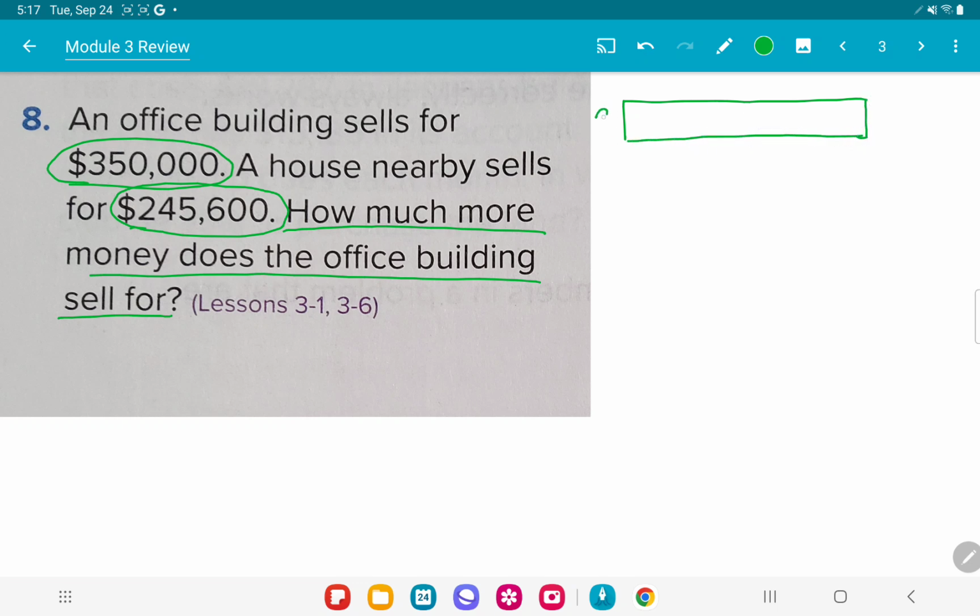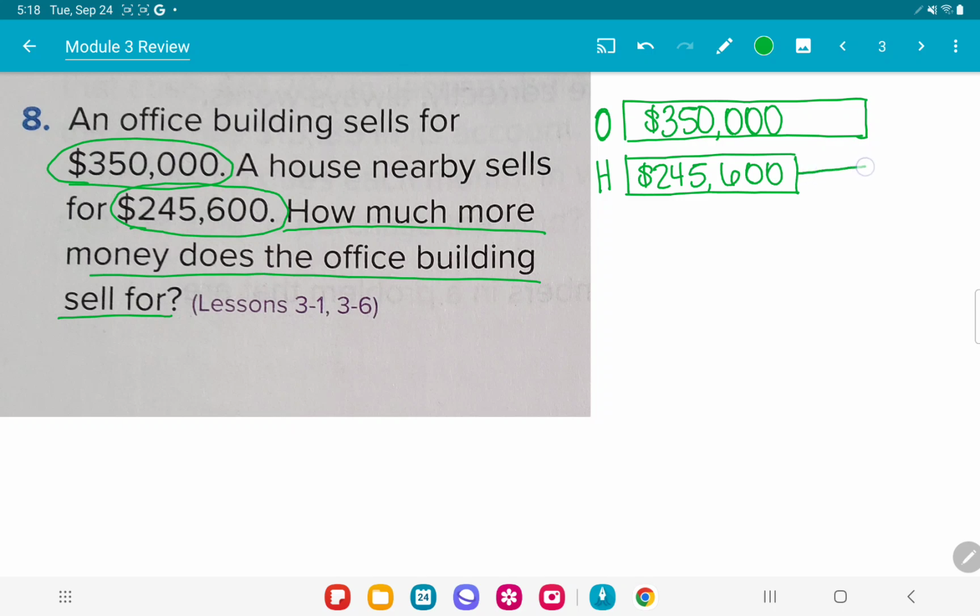We know the office, I'll use an O for office, sells for $350,000. We know the house sells for $245,600. And we want to know how much more the office building sells for.